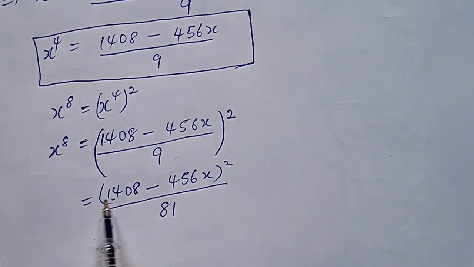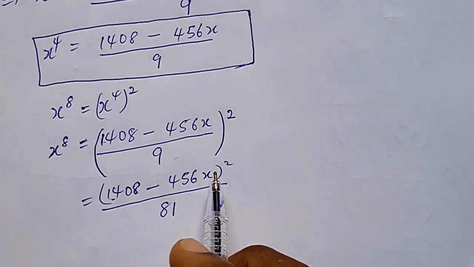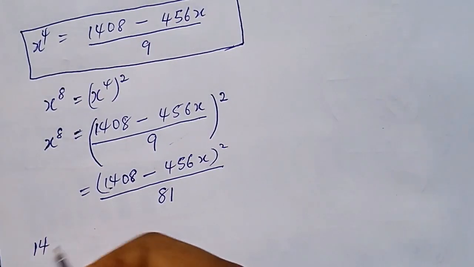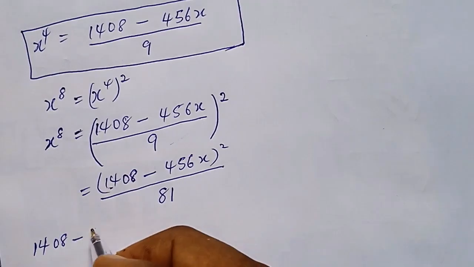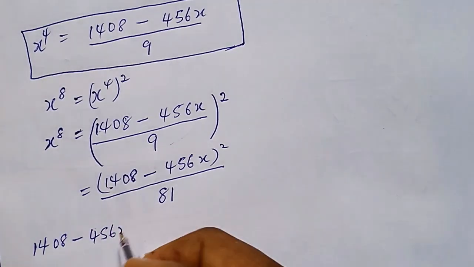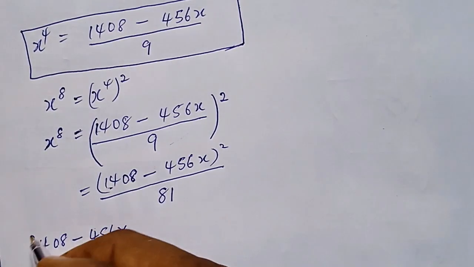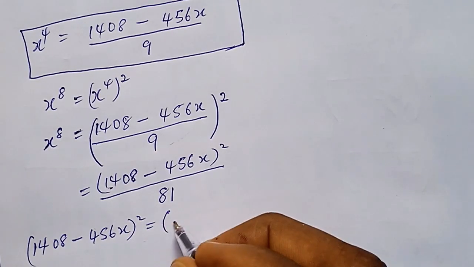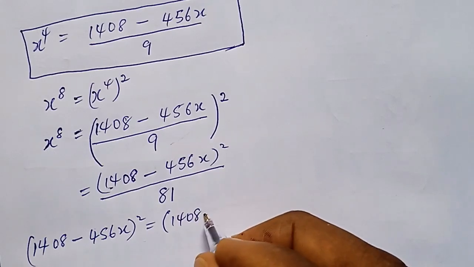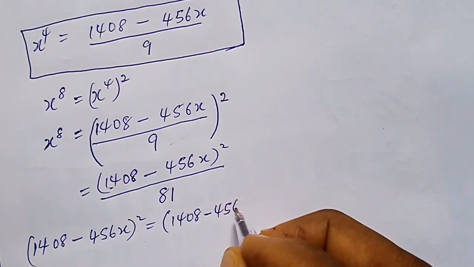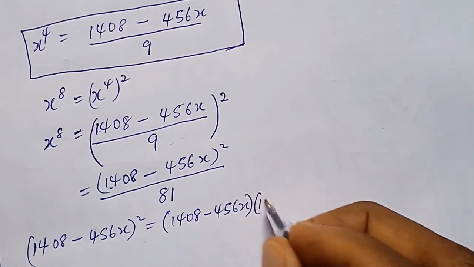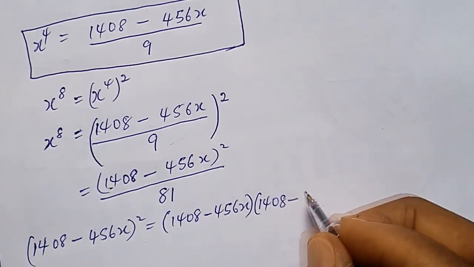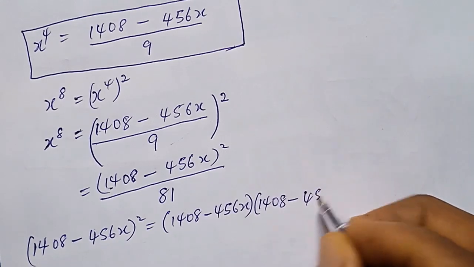So from here we need to simplify the numerator, and that can give us 1408 minus 456x squared, as in bracket 1408 minus 456x multiplied by 1408 minus 456x.